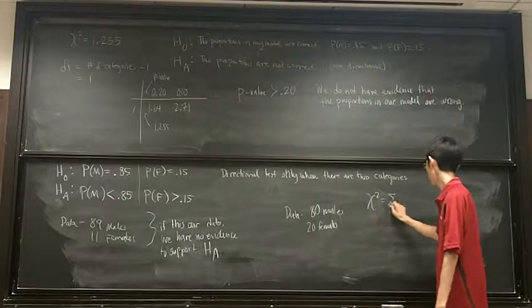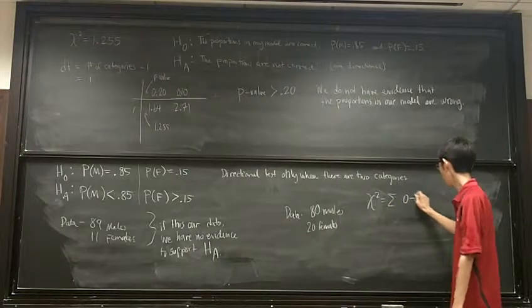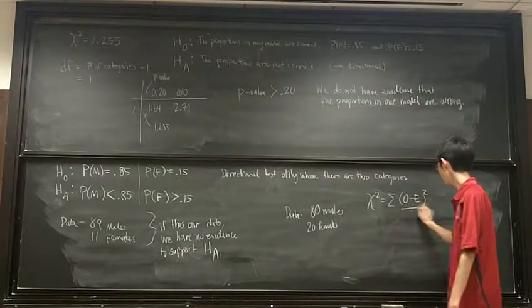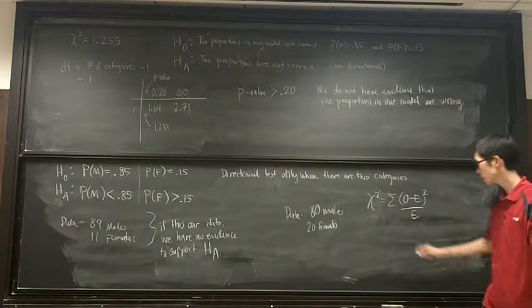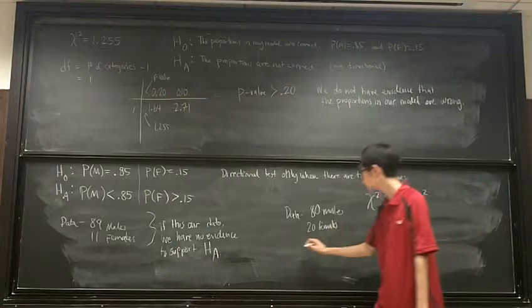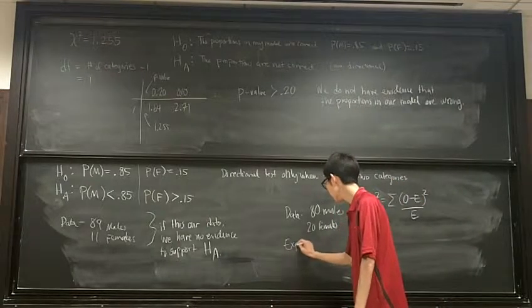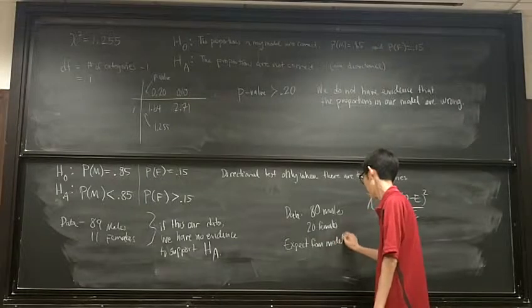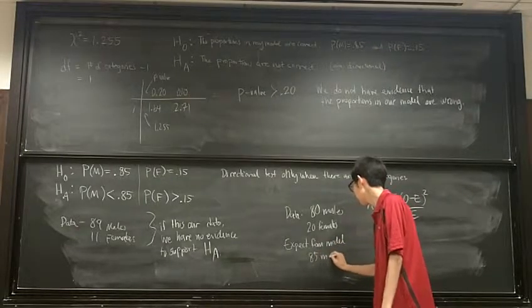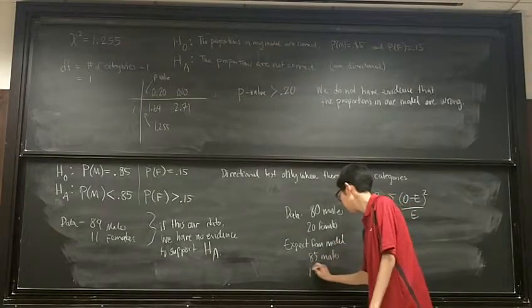The chi-squared statistic is equal to the sum of observed minus expected quantity squared over expected. Our data shows 80 males and 20 females. What we expect from the model is 85 males and 15 females.